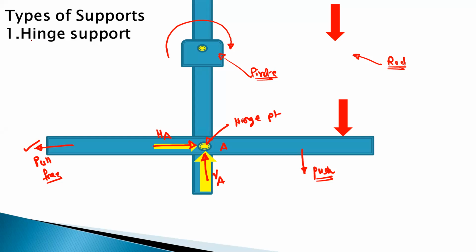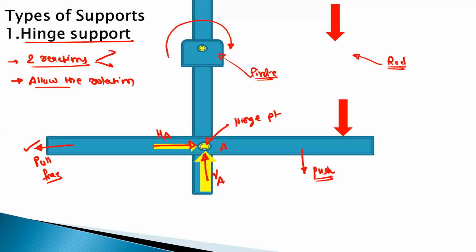So hinge support will offer 2 reactions and it will allow the rotation. These 2 reactions are the horizontal reaction, HA, and the vertical reaction, VA.